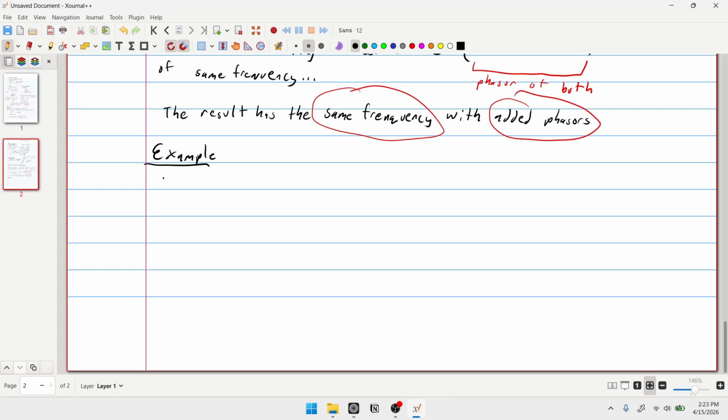Let's add these two. So we have 5 cosine(200t plus 50 degrees) and y2 of t with 3 cosine(200t plus 90 degrees).